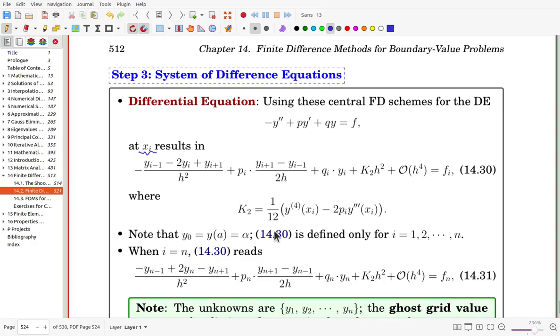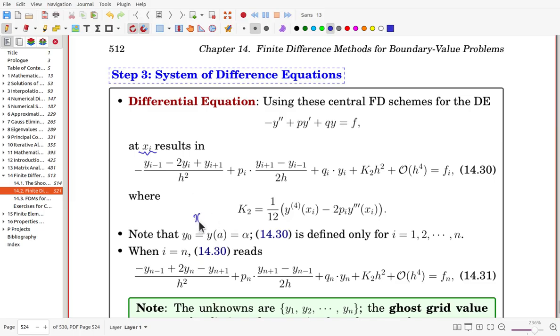And also, for every point, it must be defined. So from i equals 0 to n. However, here we don't have to get an equation at x0. x0 is a.